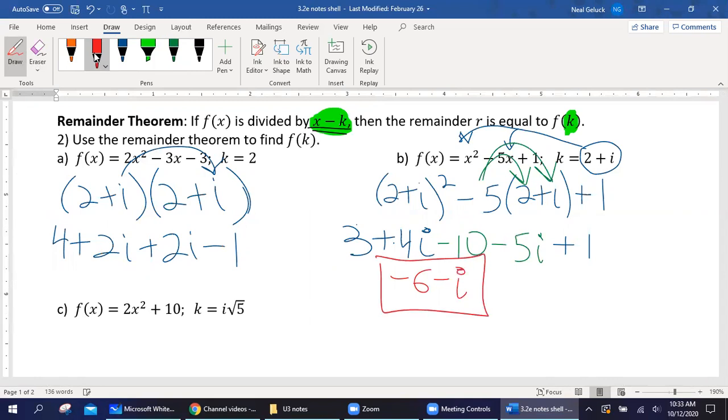So that would have been my remainder if I had divided by x minus the quantity 2 plus i. Now, we're not going to do synthetic division with i's, but i's will show up in some of the problems. This tells me, again, that this is not a factor because I did not get a remainder of 0.